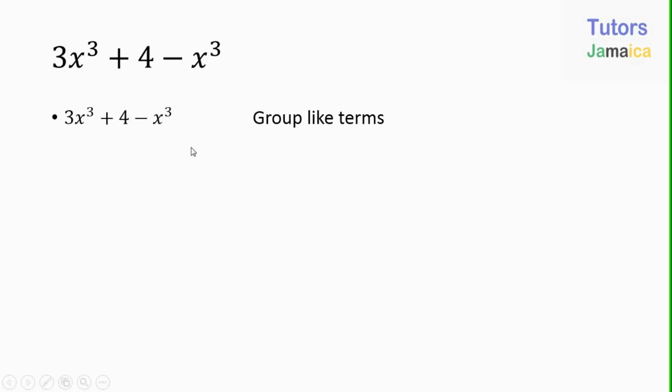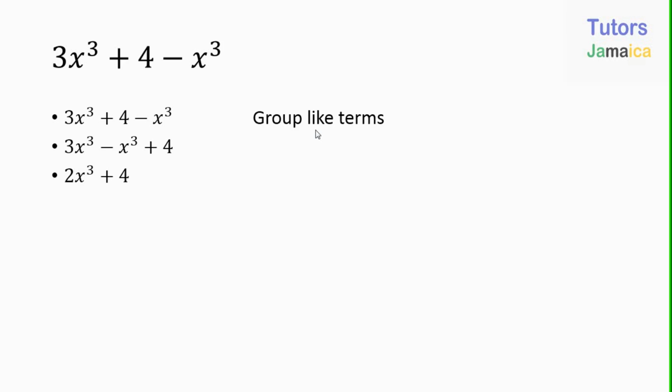And so in grouping these, what we end up with is 3x cubed minus x cubed plus 4. Now the x cubed terms can interact with each other, the 4 cannot. So we are going to do our operations on those, and then leave the 4 as it is.